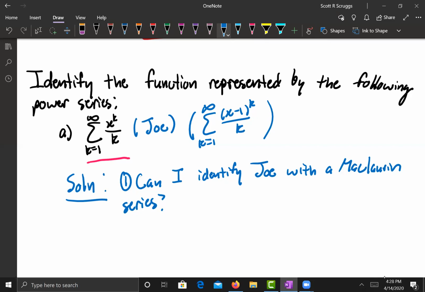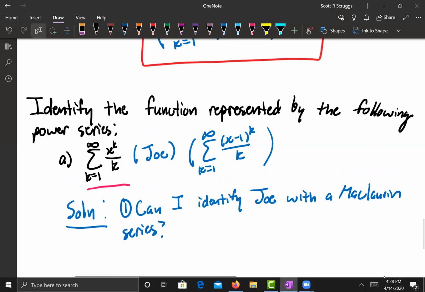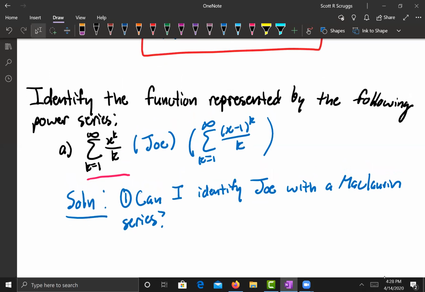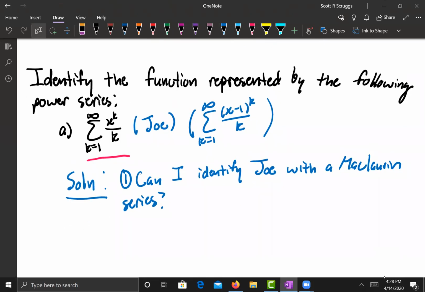And so with that, let's go ahead and try to figure out how we can do that. Well, here's my thought process.